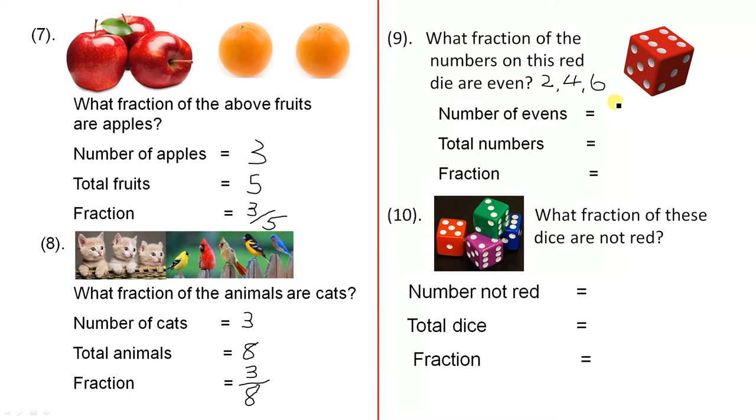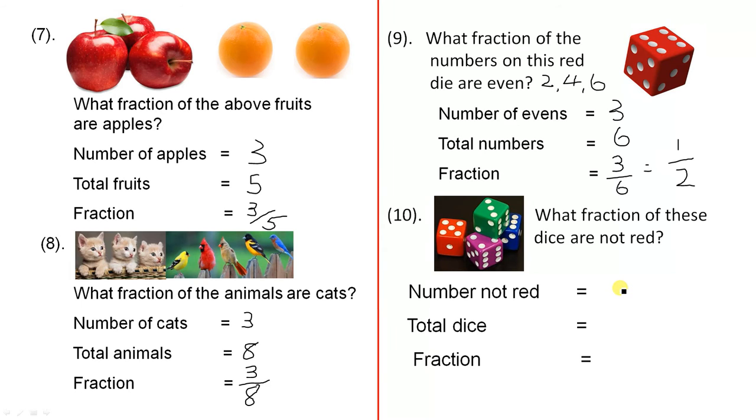So there are 3 of them. So the number of evens are 3. The total numbers are 6. So the fraction is 3 over 6. Now, if we think for a moment, 3 out of 6 is actually a half, because 3 is half of 6.